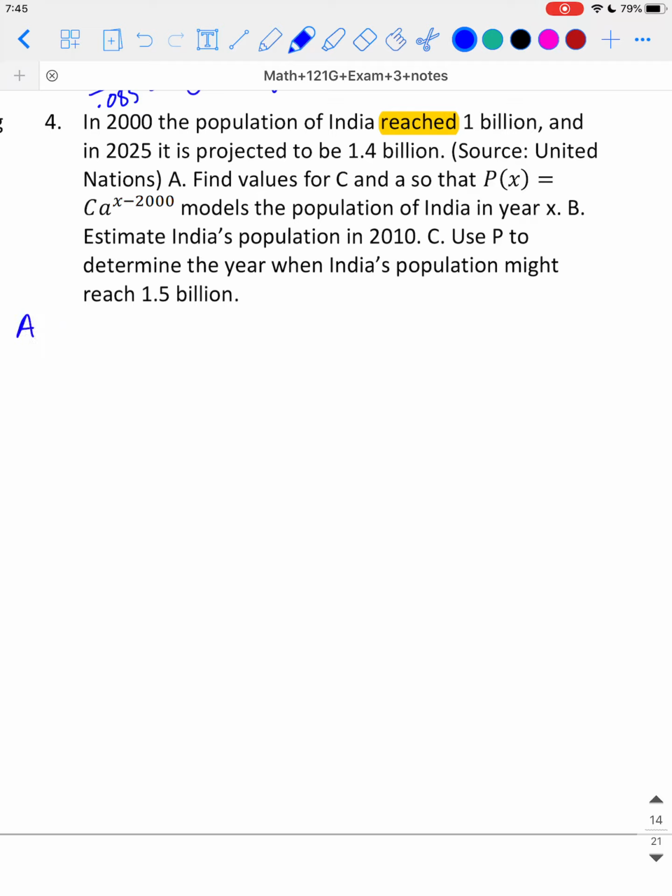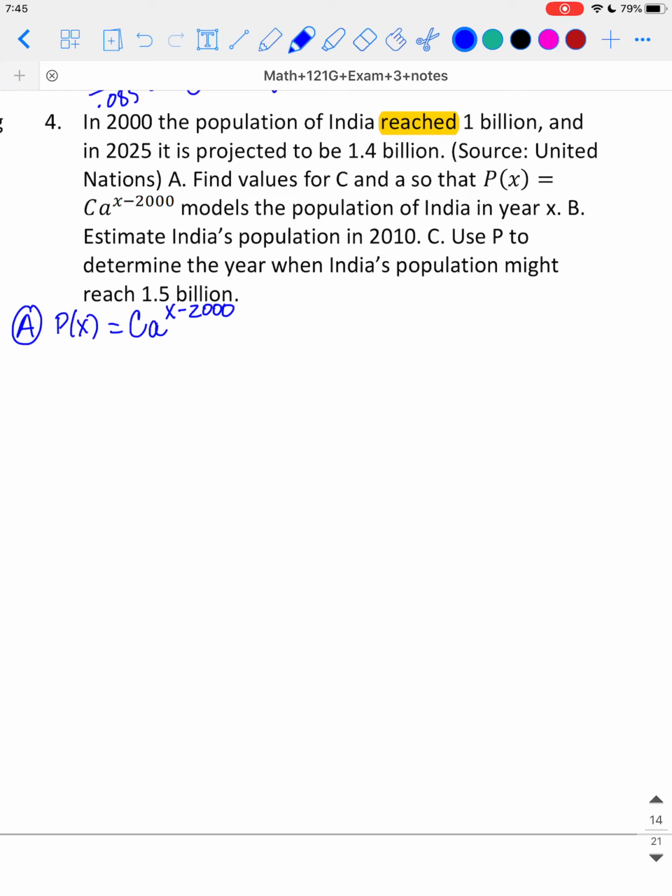Okay, so for part A, we need to find C and A. So we want P of X is equal to C times A to the X minus 2000.